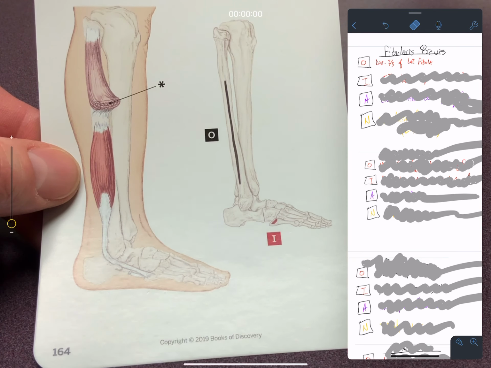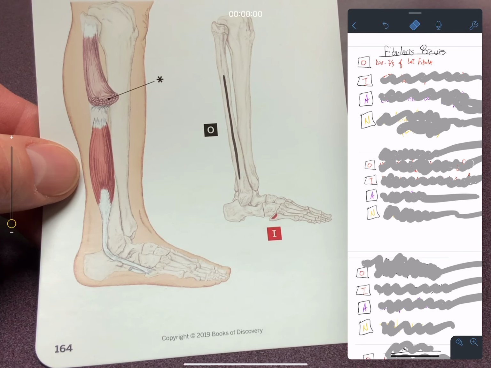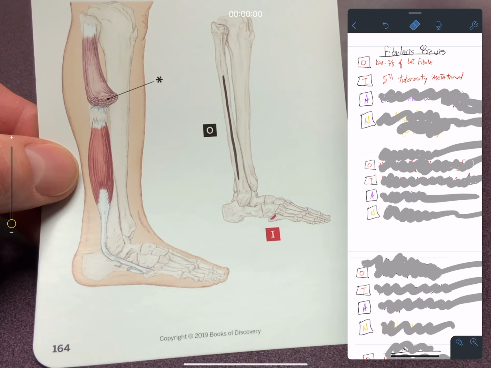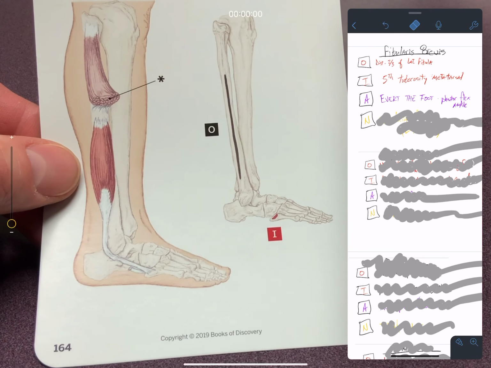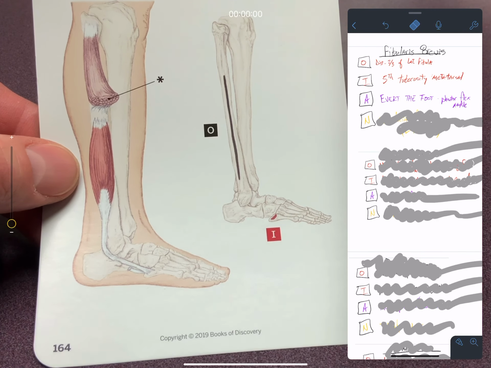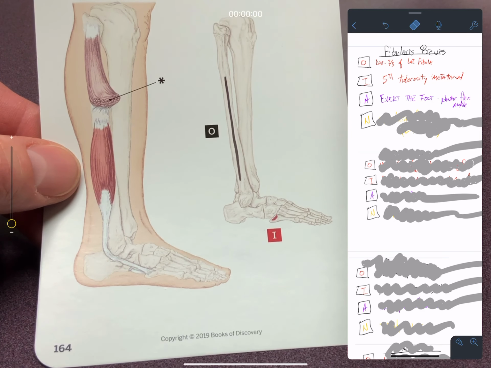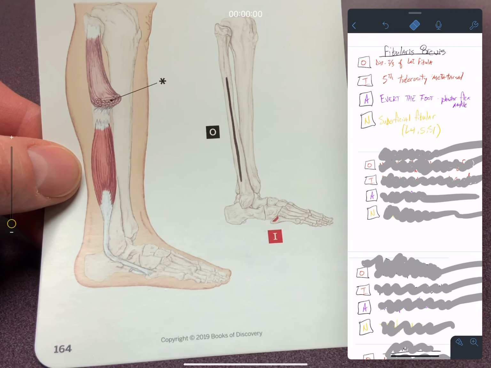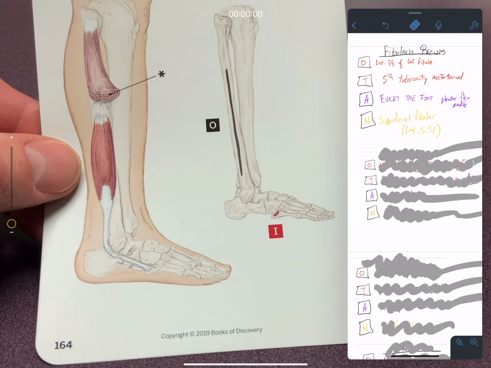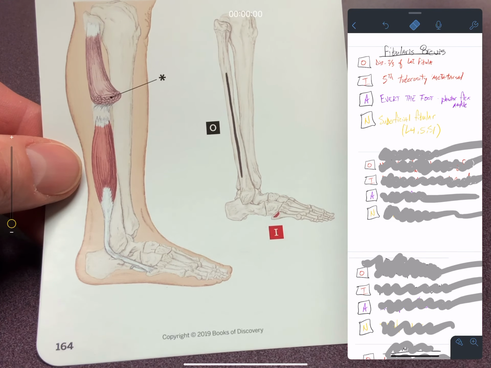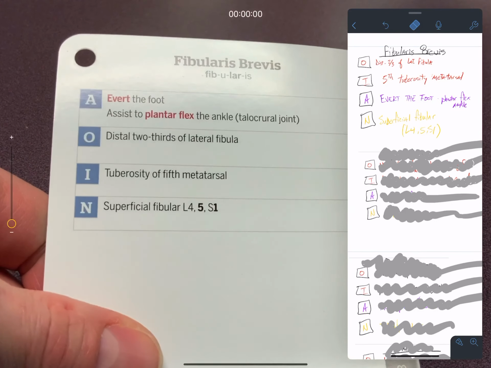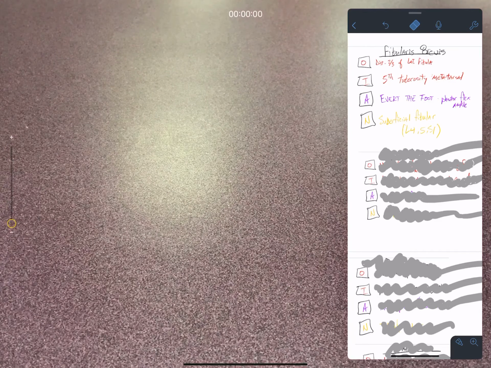Its insertion is down on the tuberosity of the 5th metatarsal, and its action is to evert the foot and plantar flex the ankle. What's it innervated by? I'm going to guess it's the superficial fibular, that's the fibular division, and that is L4, L5, S1. Boom.